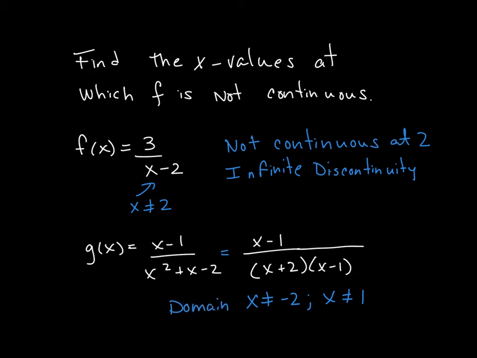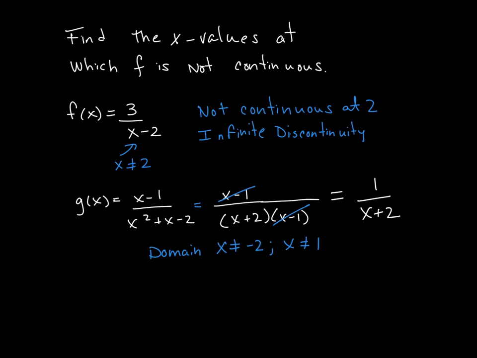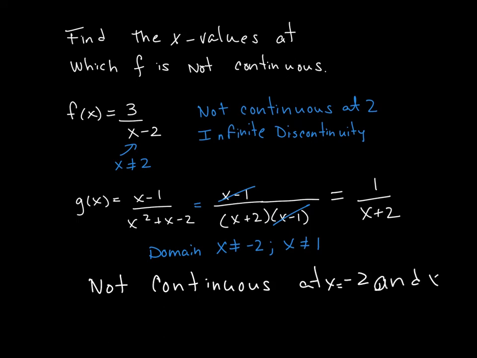So I know they're both discontinuous at those points, but when I go ahead and make this reduction, that gives me a hole at 1. So what I can say for this part is the function is not continuous at x equal to negative 2 and x equal to 1, but we do have a removable discontinuity.